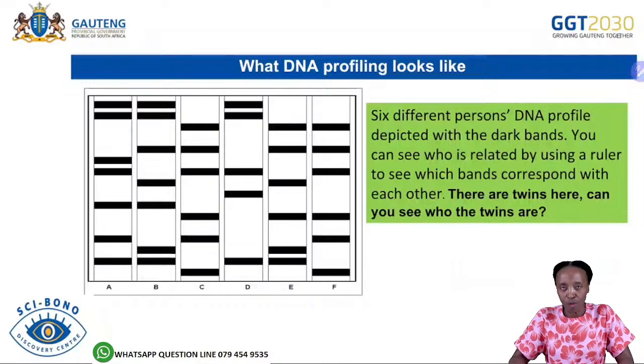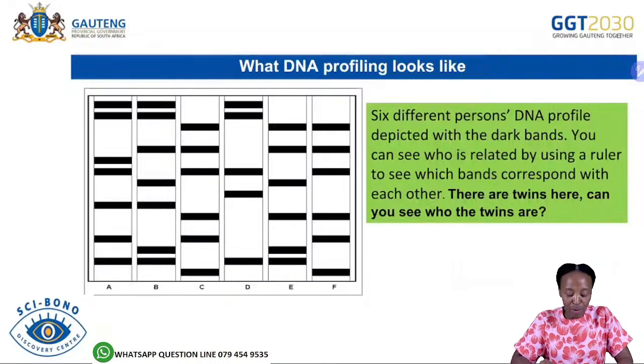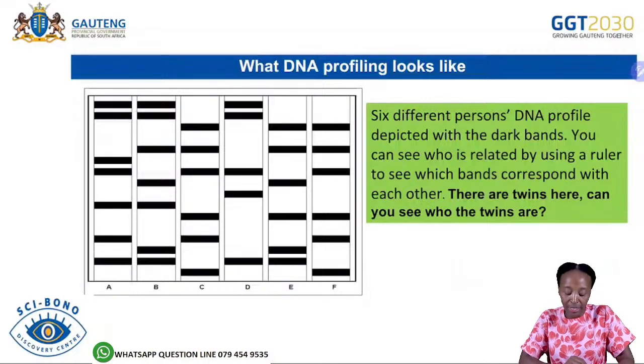So what is involved when you analyze the DNA profile? What we have here in front of us is an example of a DNA profile, and as you can see, I said it is different lines of different sizes. Sometimes even the thickness is not the same, but the one in front of us has the same thickness, and the size of the lines is also the same. So here we have profiles of 6 different people, and they are represented as the dark bands.